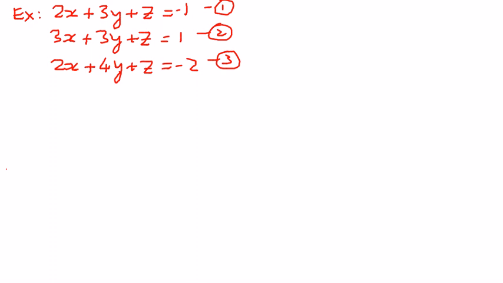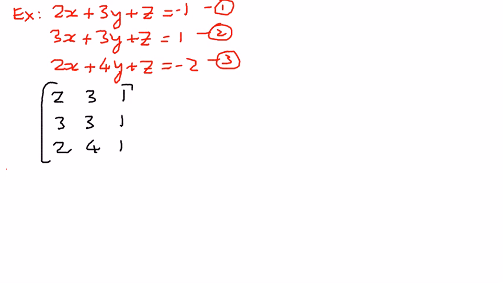So the way we can write this coefficient matrix from this system of linear equations is as follows. We can write this as 2, 3, 1, 3, 3, 1, 2, 4, 1. These are the coefficients of x, y, and z in equations 1, 2, and 3.